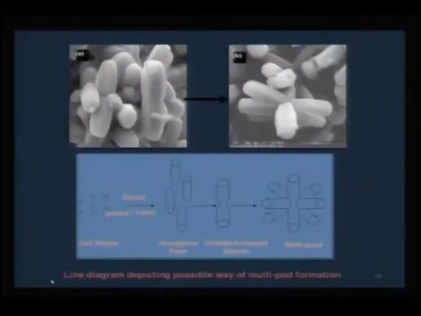As you would see, the growth of these multipods is also kinetic in nature. Initially zinc oxide nuclei are formed, and they subsequently form single nanorods, and these nanorods get fused into dumbbell shaped ones, and these dumbbell shaped rods further get fused in this fashion into multirods, and all this is kinetically controlled.